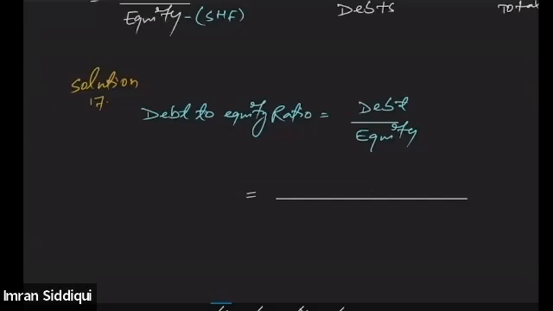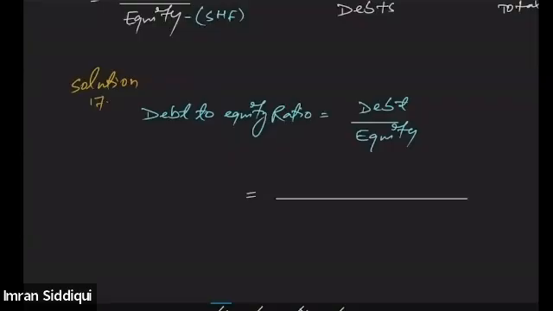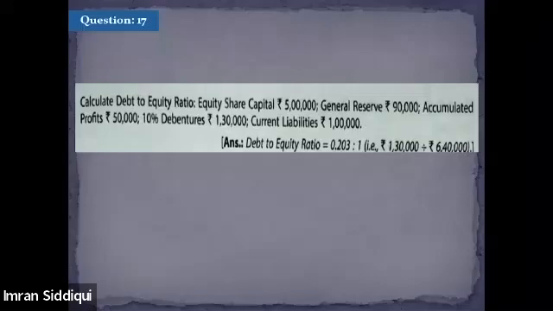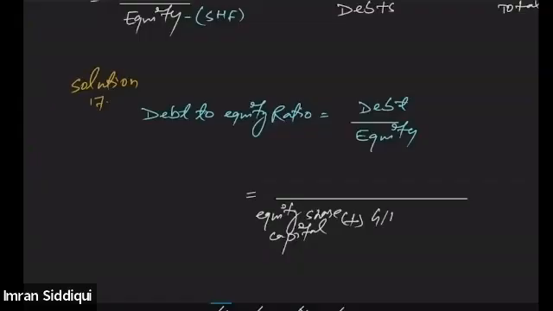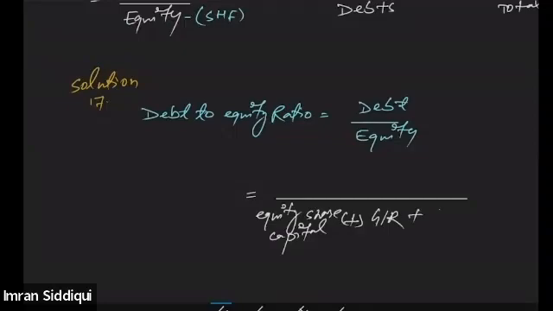So in place of equity, we'll take the value of the equity share capital, but apart from this, general reserve, written as GR, and accumulated profit will also be taken into consideration. All these values collectively are called equity, or basically shareholders fund.